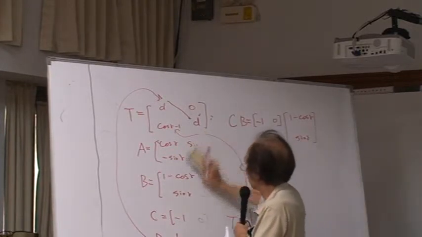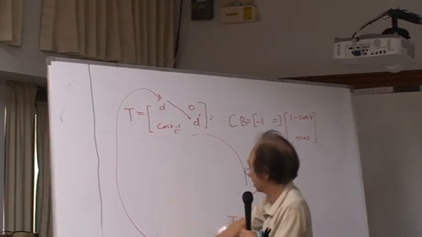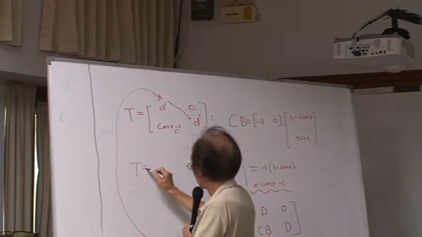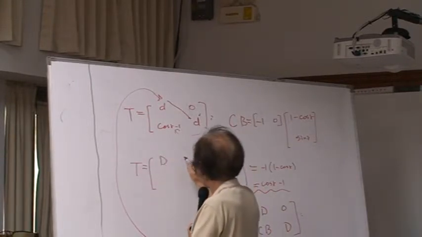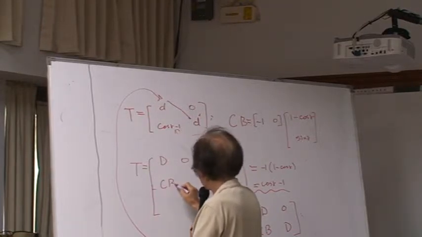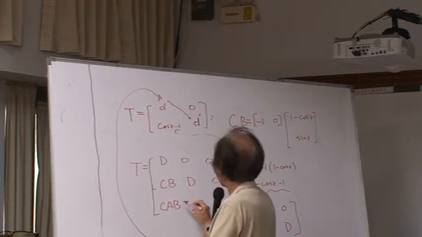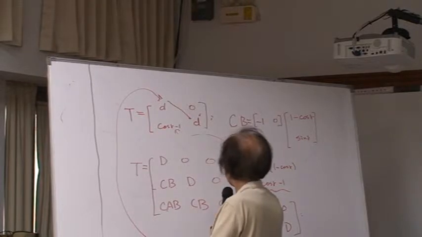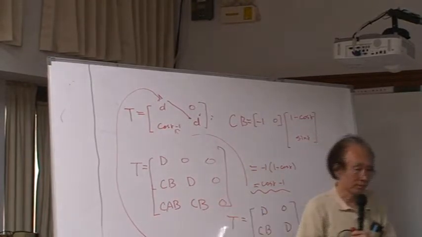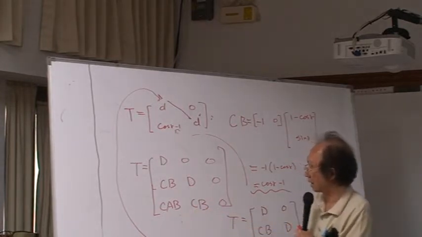Okay. Now, let me just erase this. So in general T, that will be D 0 0, for example, CB D 0, CAB CB 0. If I have three terms, it will be like this, and you can extend it, keep writing like that.